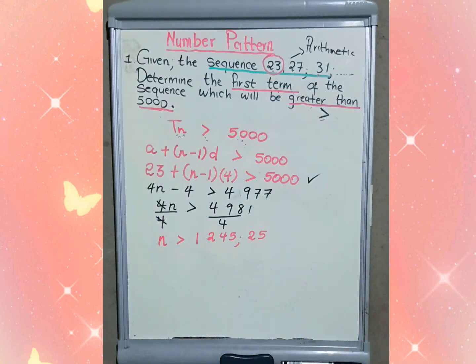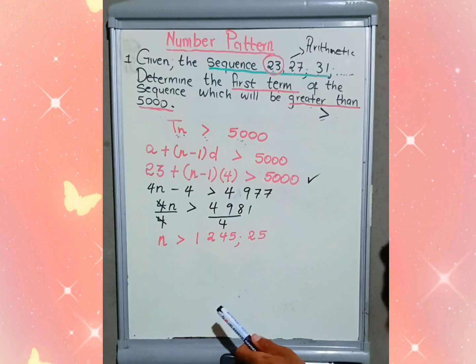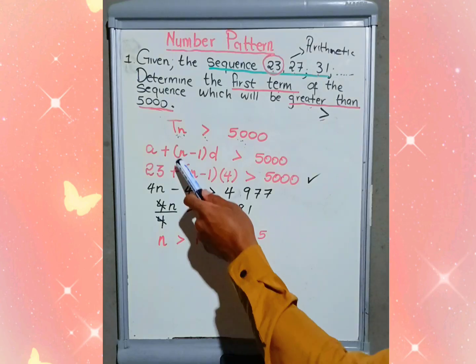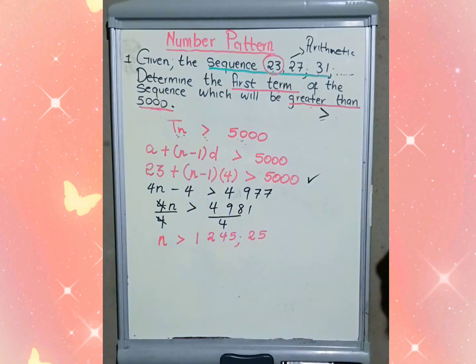What I said about greater than is that the value of n must always be a whole number, not a decimal. There is an important conclusion here. Since the value of n must not be a decimal number, you cannot put a decimal number as the value of n.